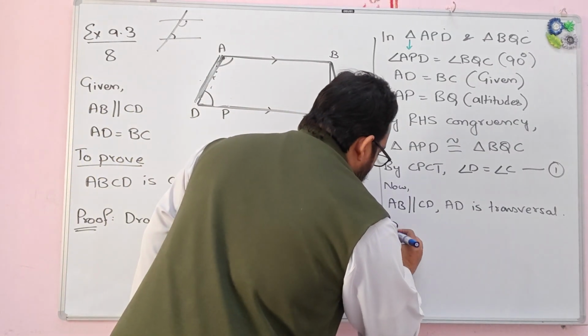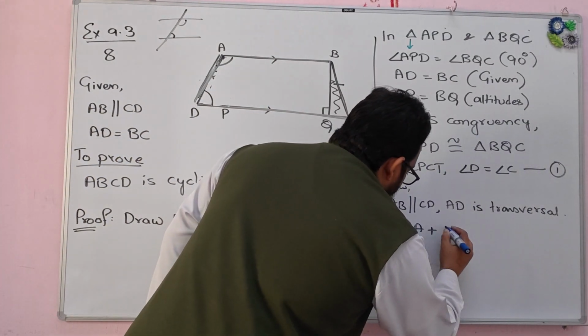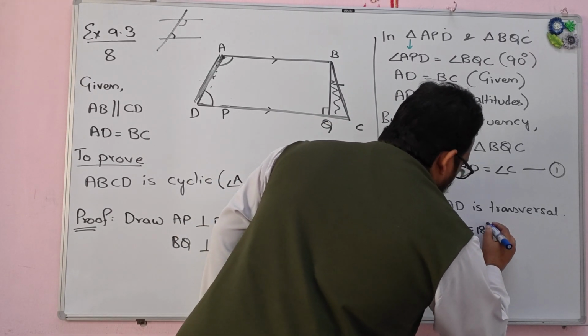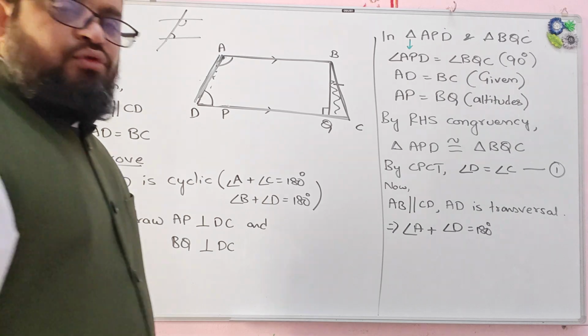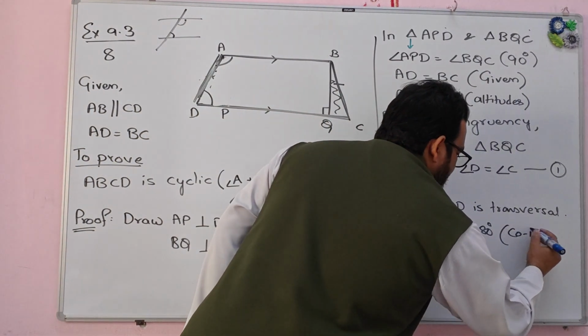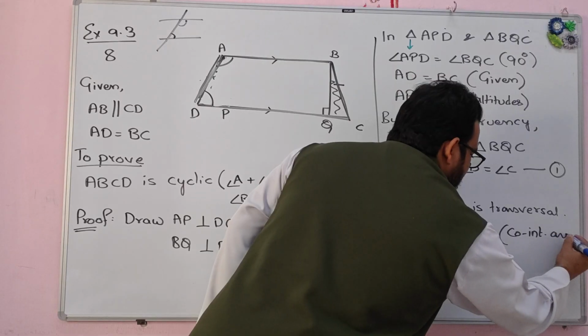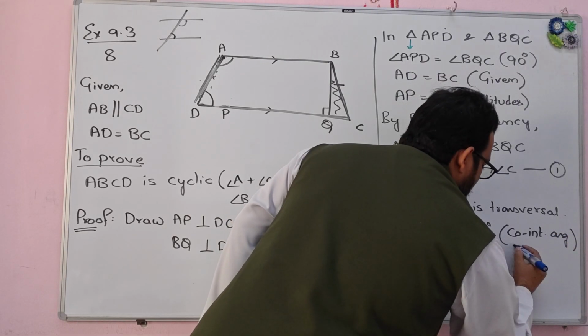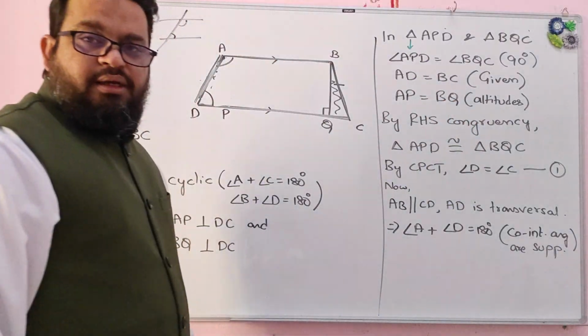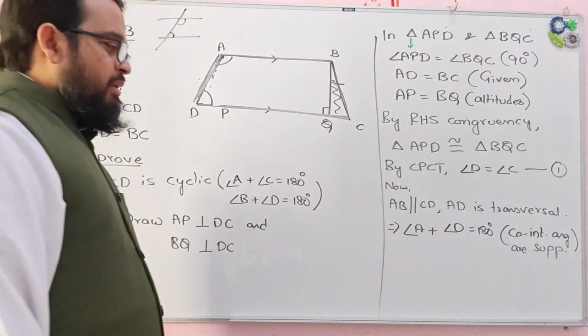So that implies angle A plus angle D is equal to 180 degrees. And you have to write the reason. What is the reason? Co-interior angles are supplementary. Is it right? Co-interior angles are supplementary.